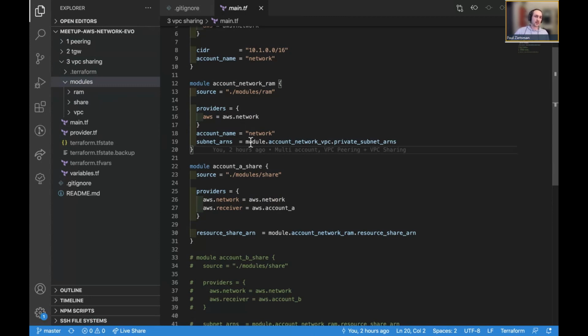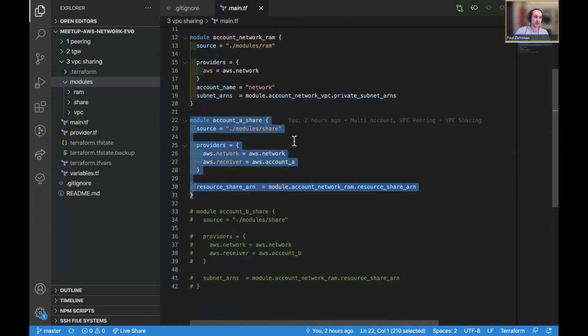In this case, the RAM share is coming from my networking account, and I'm sharing the private subnets, those private subnets that don't have the NAT in them. They've only got a route to the NAT, and they don't have a direct route to the internet. I'm only sharing them out. All this does is create a RAM share with those resources in it.